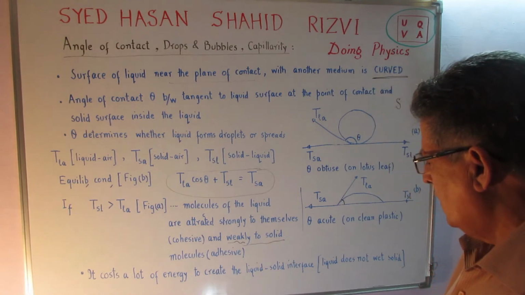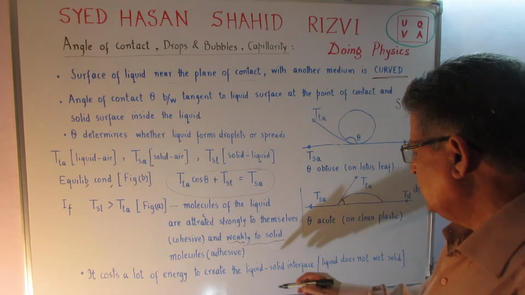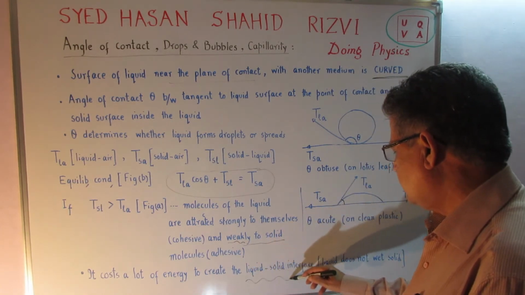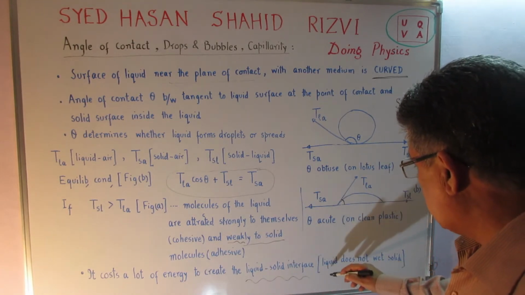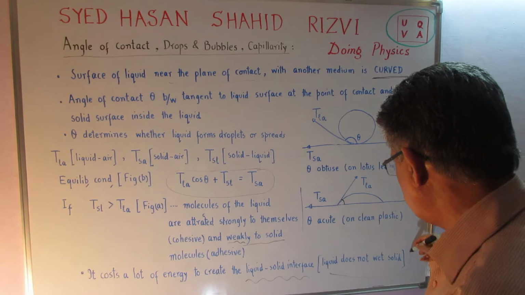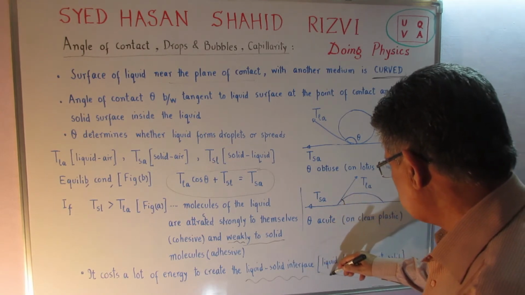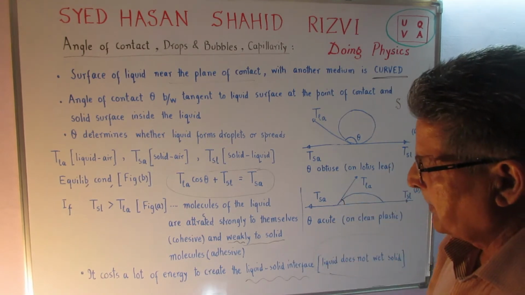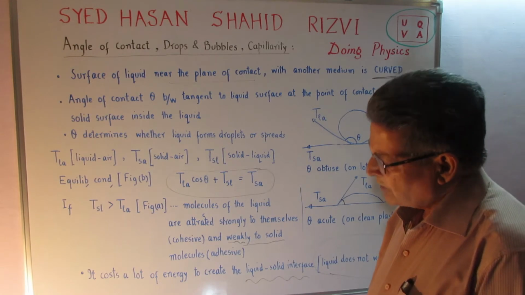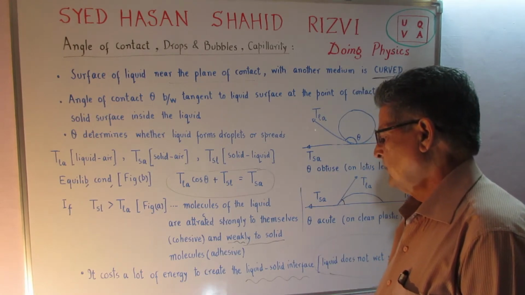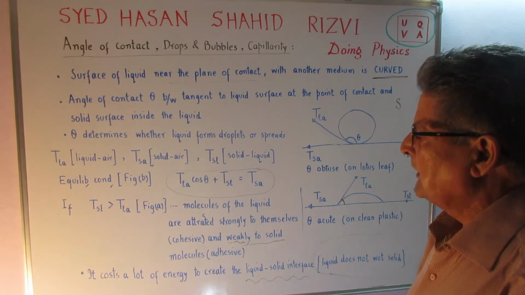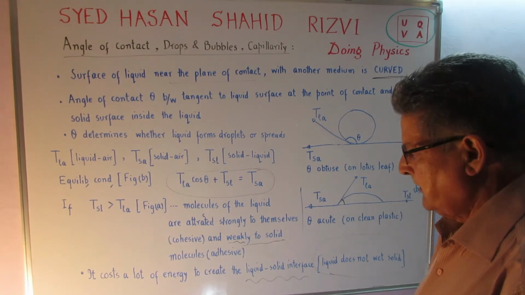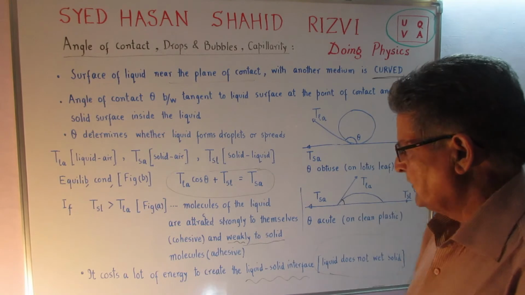Now in doing so, in creating the liquid solid interface here, in case the liquid does not wet the solid, it costs a lot of energy to create this liquid solid interface, okay. We'll discuss otherwise for this thing.